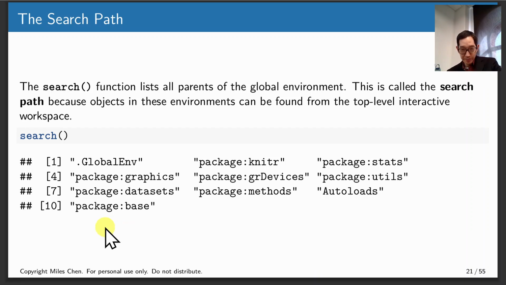You can see all of the packages that get loaded when you start up R. It loads package base, the base package, I guess autoloads, package methods, package datasets, package utils, graphics, stats. In this case, because I knit, I had to load package knitr. But basically, these are all packages that get loaded when you start up R. And then finally, you have the global environment.